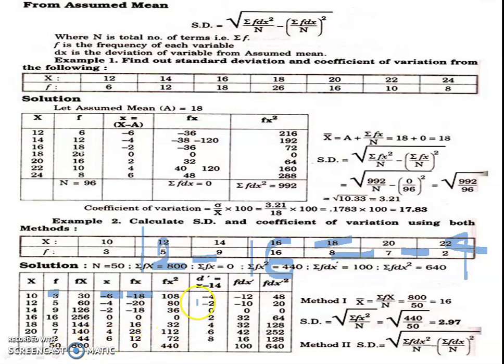Now the next column is fx square. X square: 6 square is 36, 4 square is 16, 2 square is 4, 0 square is 0, 2 square is 4, 4 square is 16, 6 square is 36. So f into x square: 3 into 36 is 108. 5 into 16 is 80. 9 into 4 is 36. 16 into 0 is 0.